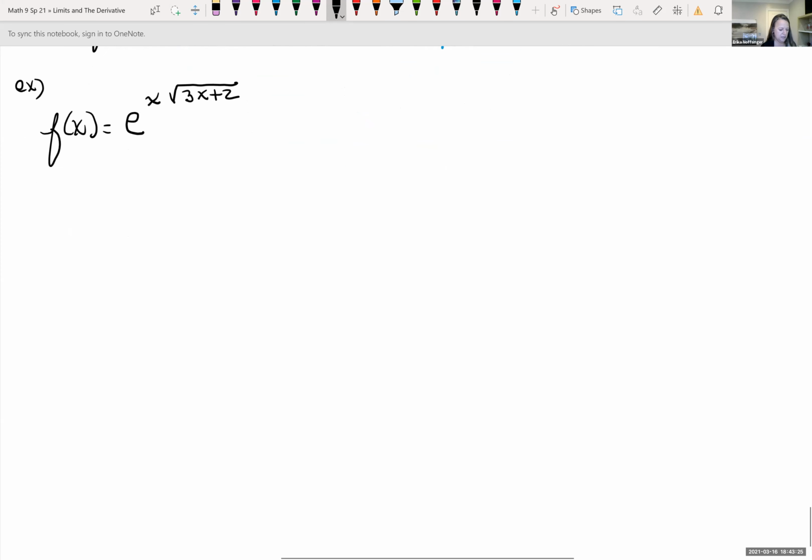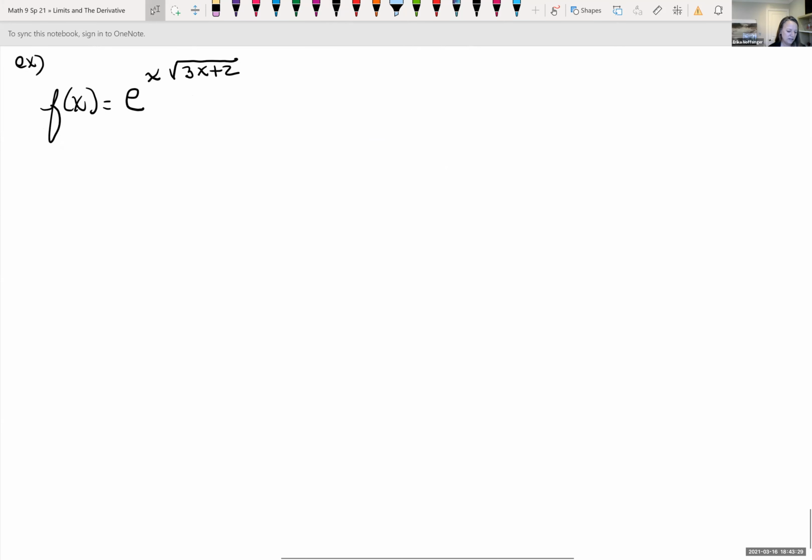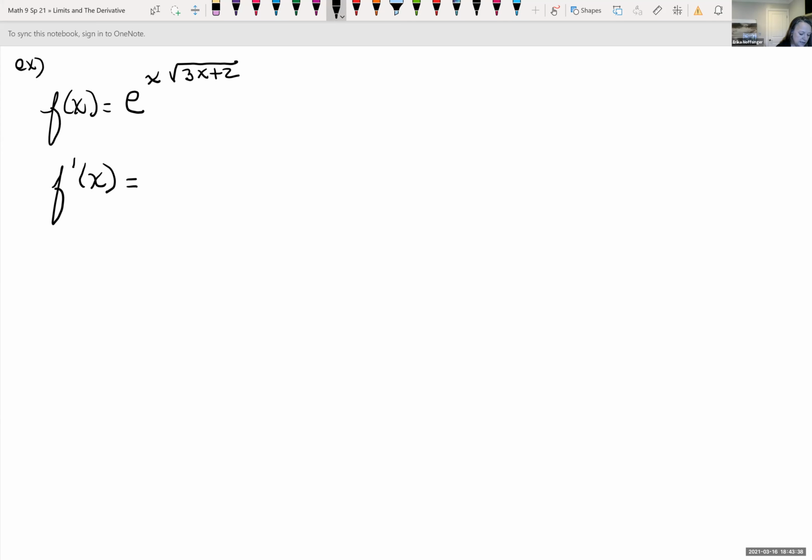We want to find the derivative of f of x. So let's look at this. It's the derivative of e. Let's write what the rule says: for a derivative of e, it's just the function itself times the derivative of the exponent.